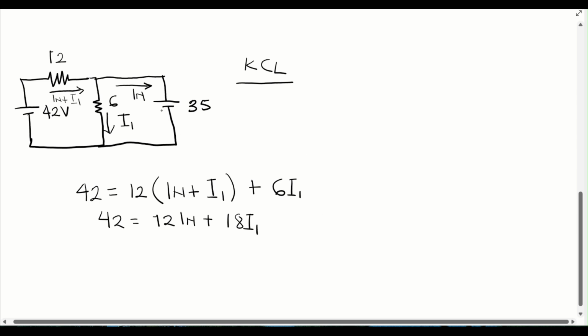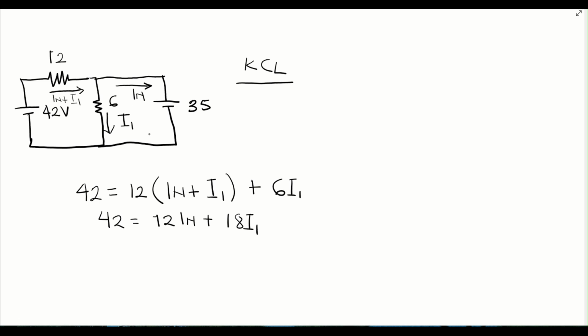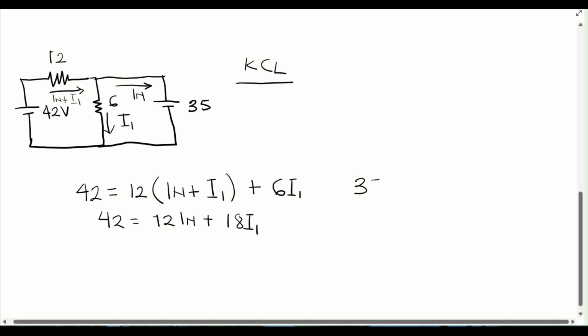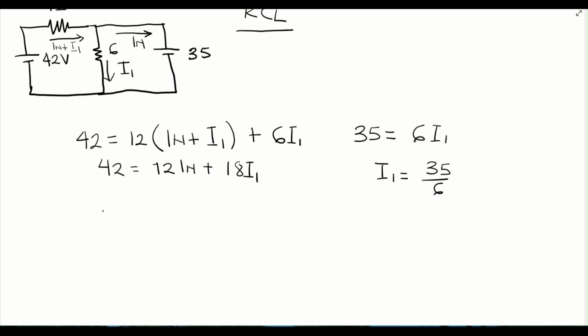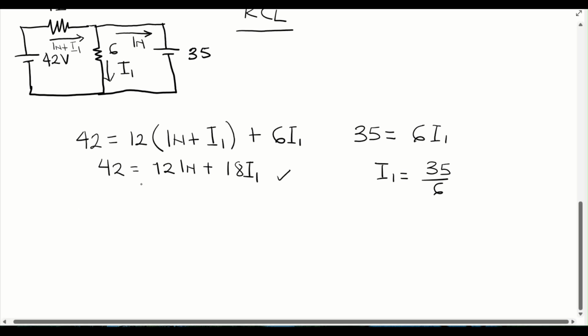Then we are going to take this loop also. When you take this loop, we are going to have 35 equal to 6 I1. So the I1 is going to be 35 on 6. Once we have the I1, we can do a substitution over here to find our IN. So our IN will be 42 minus 18 I1, divided by 12.